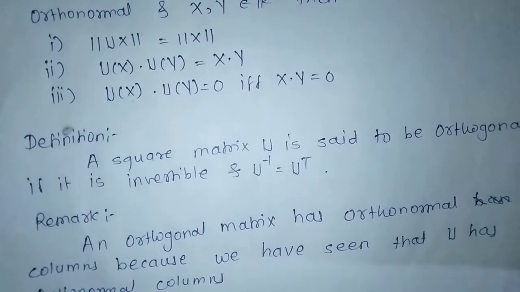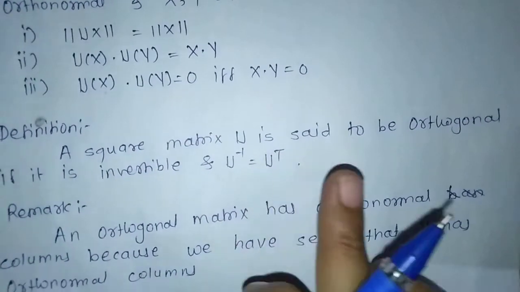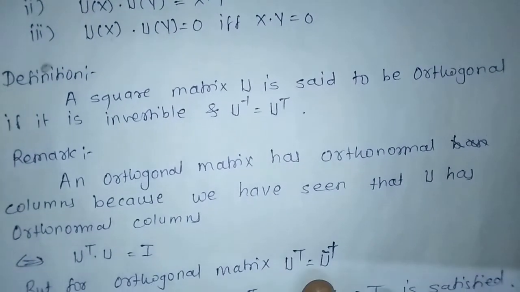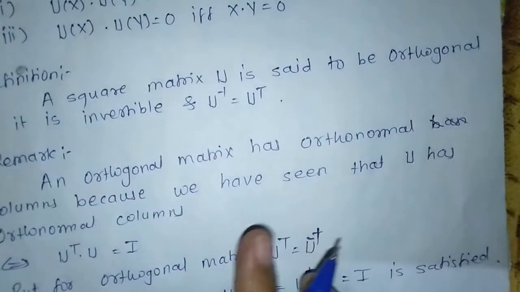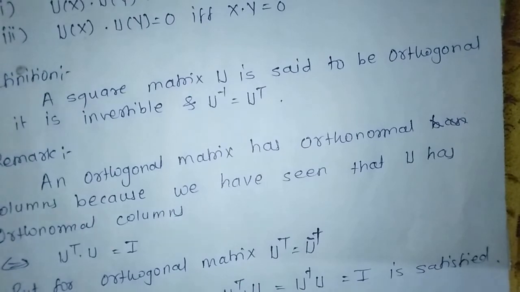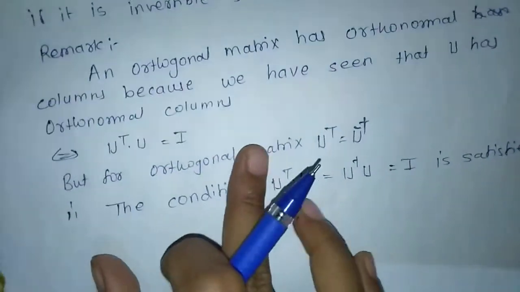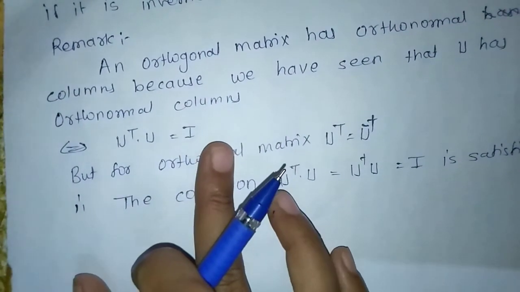Next definition: a square matrix U is said to be orthogonal if it is invertible and U inverse is equal to U transpose. Remark: an orthogonal matrix has orthonormal columns, because we have seen that U has orthonormal columns if and only if U transpose times U is equal to identity.